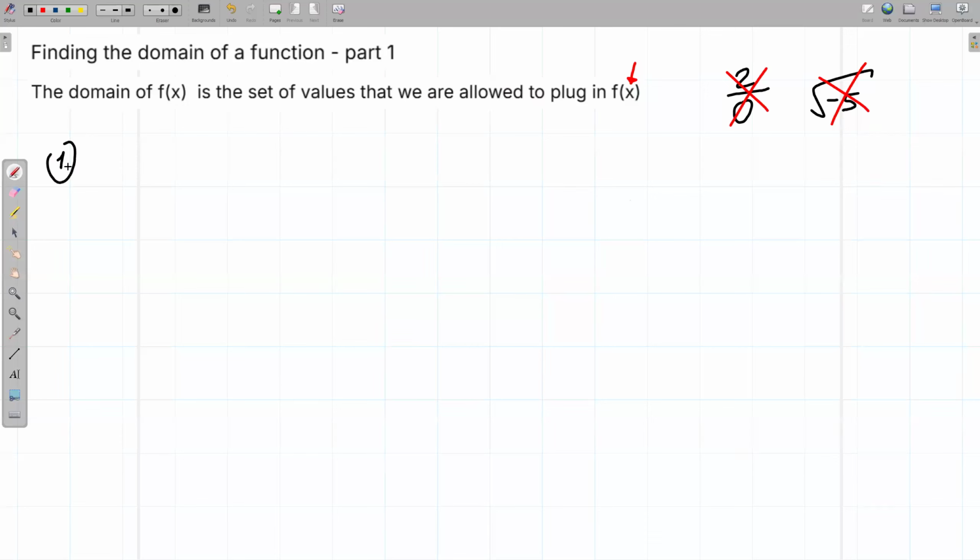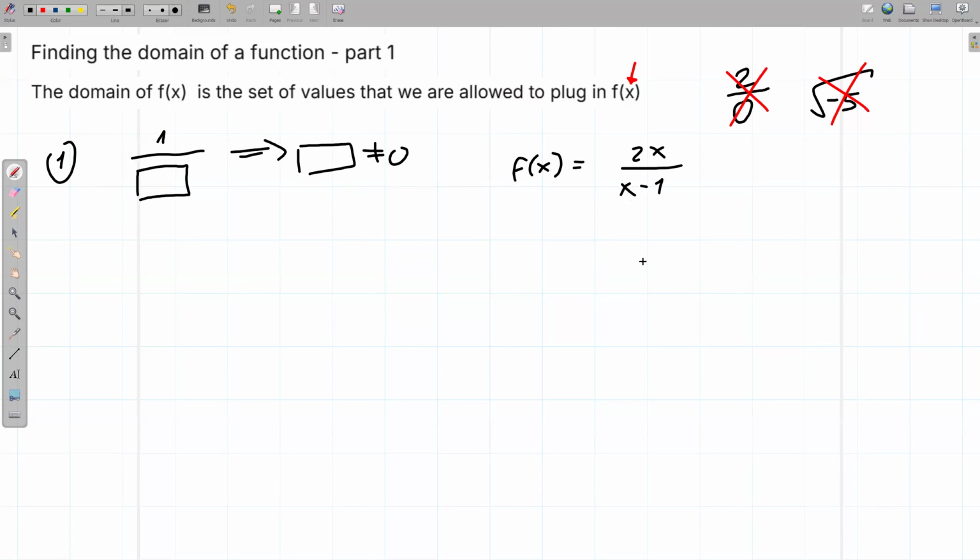Our first rule will be that if we have a term in the denominator of a function, then this term must be not 0. For example, if f of x is, say, 2x over x minus 1, then its domain is all the x's that are not 1.